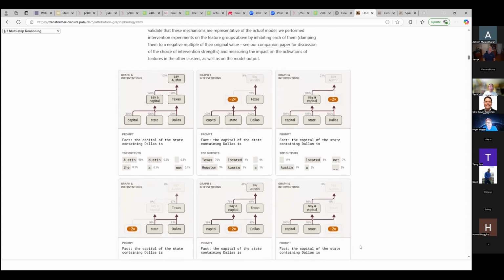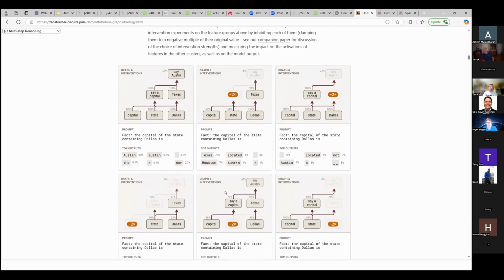So let's do some experiments. The first thing we can do is zero out the say a capital feature. That's not one of the inputs. That's like one of those intermediate concepts that just shows up internal to the LLM. And so in the actual sentence, Austin was way up at 98%. Okay. If you zero out this thing, and in fact, technically they're not zeroing out because they're doing -2 times.